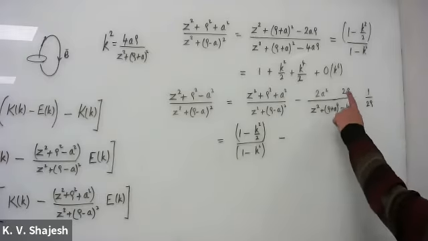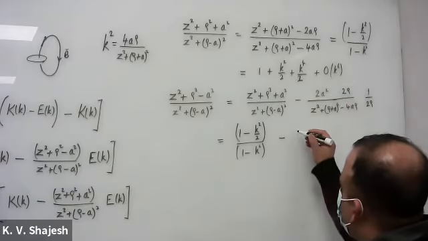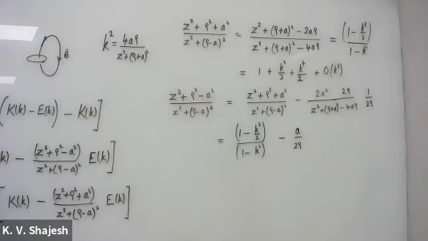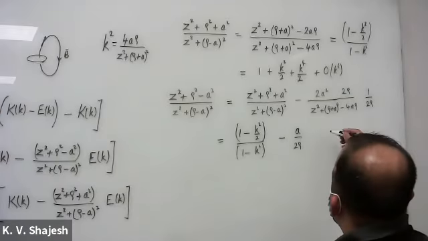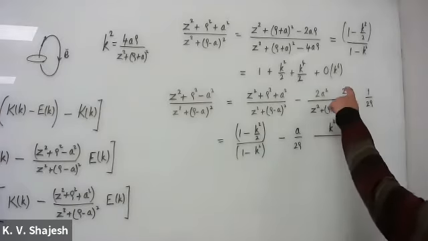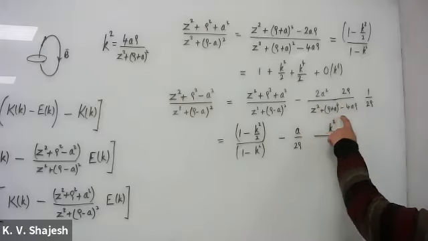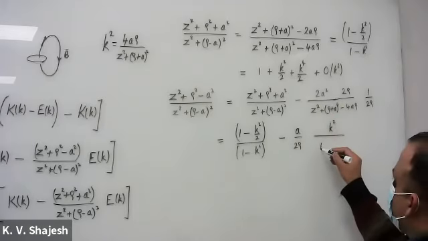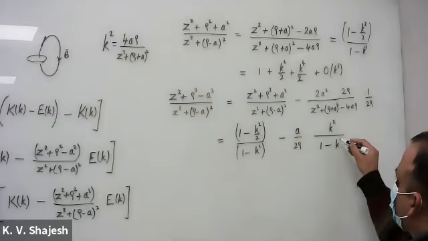So that's 4aρ. If I collect the a/2ρ outside, then whatever is remaining is k² in the numerator, because I collect this 4aρ with z² + a², and in the denominator I'll simply have 1 minus k².